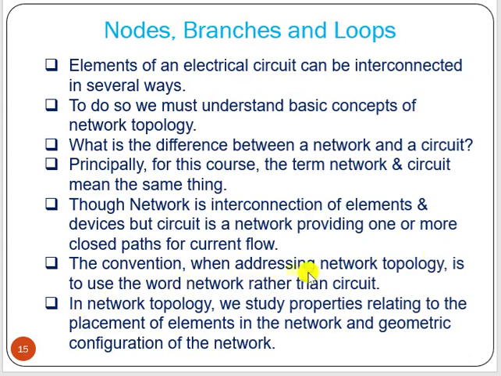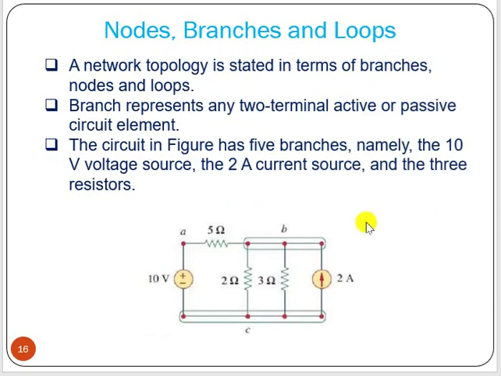Now the convention when addressing network topology is to use the word network rather than circuit. In network topology, we study properties relating to the placement of elements in the network and geometric configuration of the network. Now let us take an example.